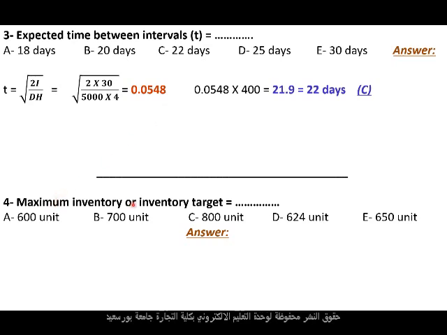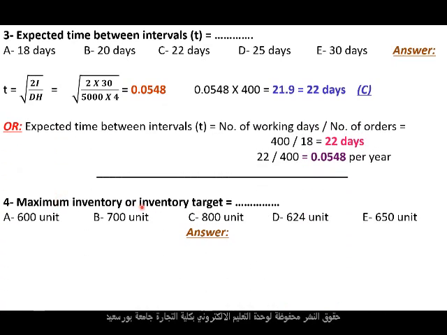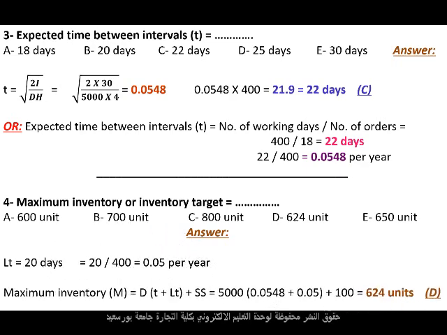Maximum inventory or inventory target, as we said, maximum inventory M equals D times T plus LT plus SS.